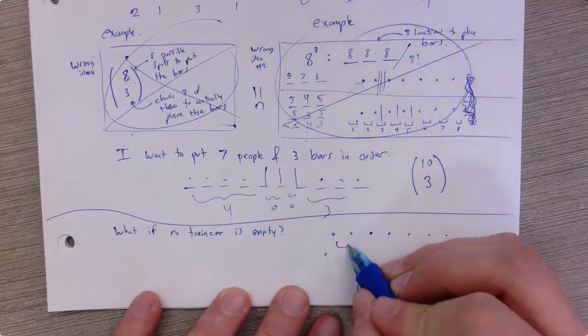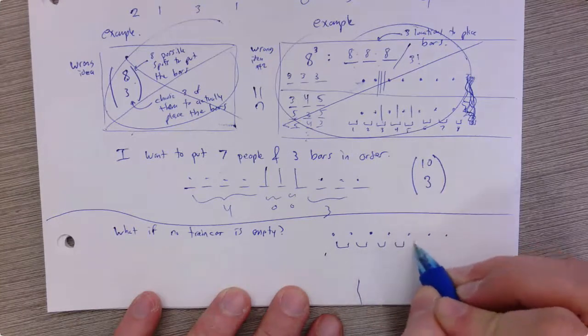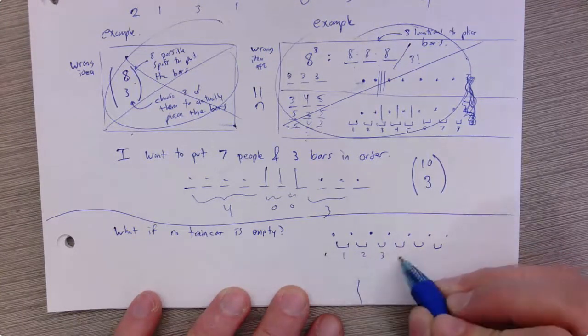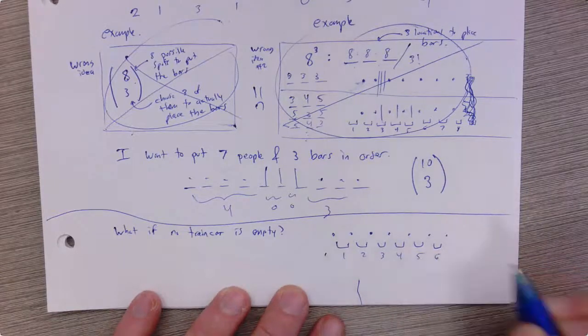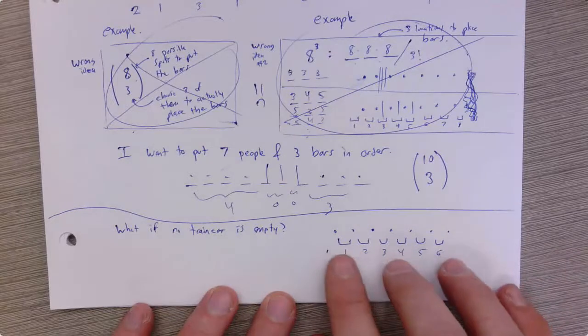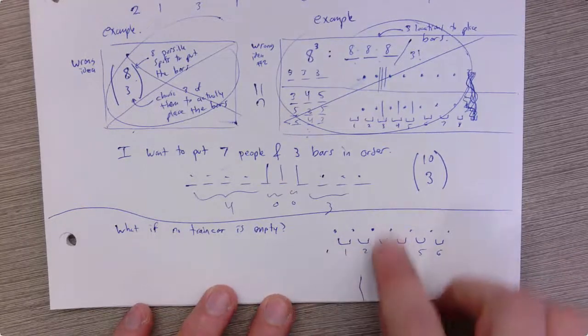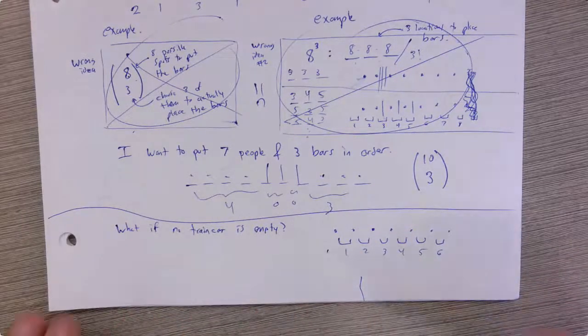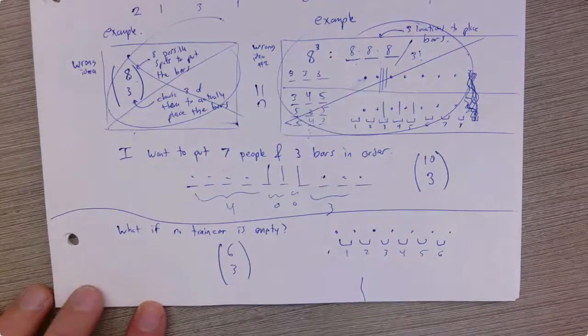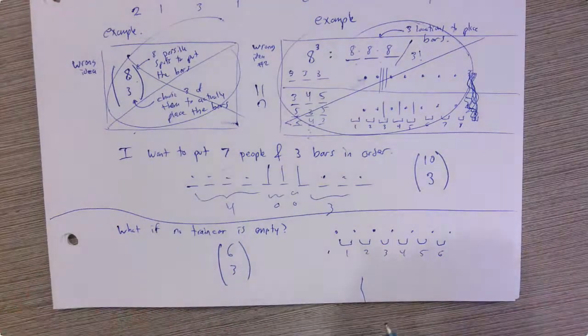So now I've got 7 people and 6 total spots where I can put bars. I need to place 3 bars amongst these 6 spots, and I'm not allowed to place more than one bar in the same spot. So now 6 choose 3 describes the thing that we want.